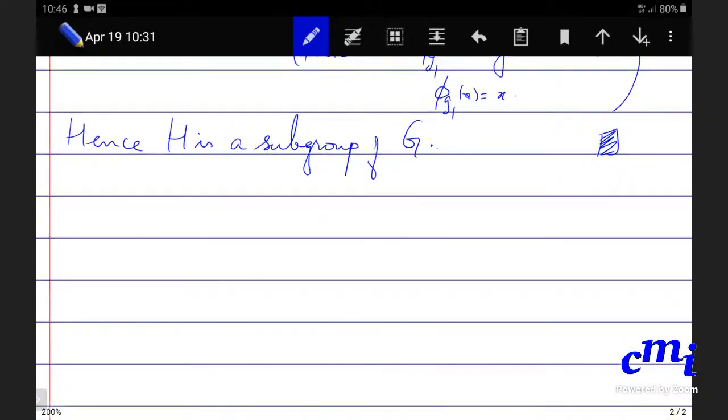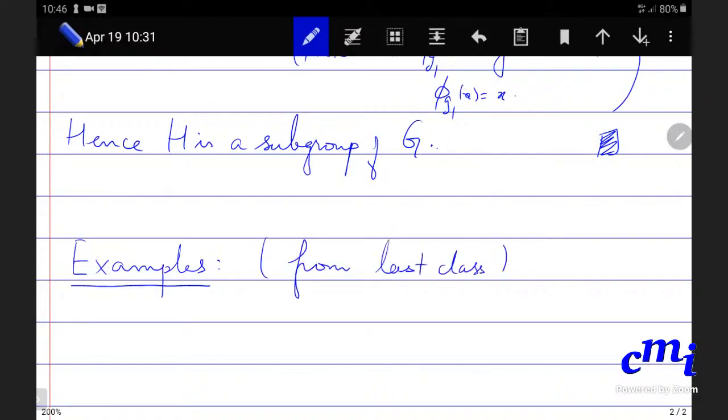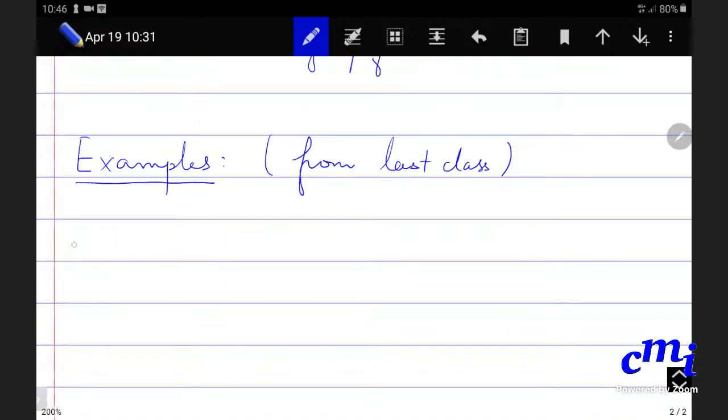Okay, so let's go back to our examples from last class. Sn acting on the set 1 to n.